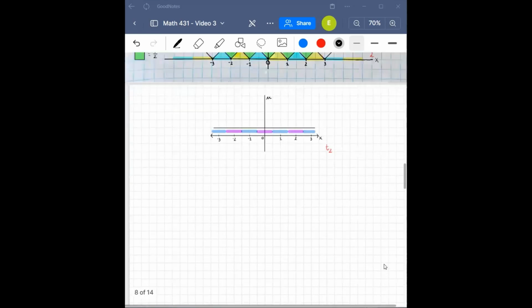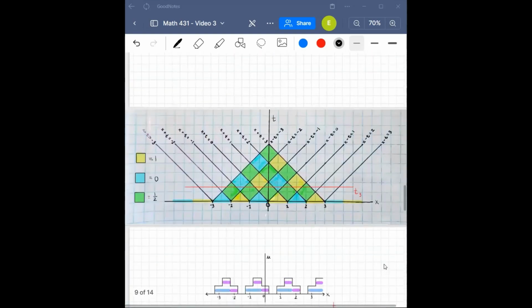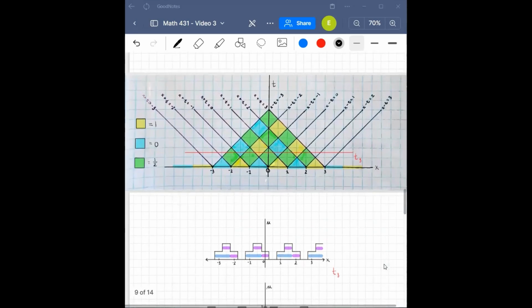And so for time 3, we are able to see the same pattern as time 1. We have these various heights of 1/2 and then 0 back to 1/2 and then to 1, and that just continues throughout.